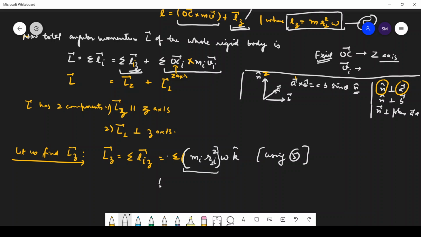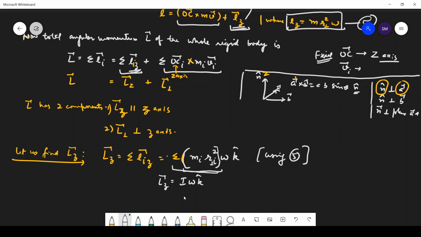So LZ is equal to the summation MiRi squared, which is the moment of inertia of the body, into omega into its direction, k.